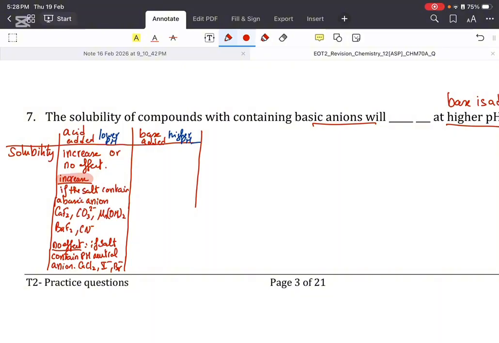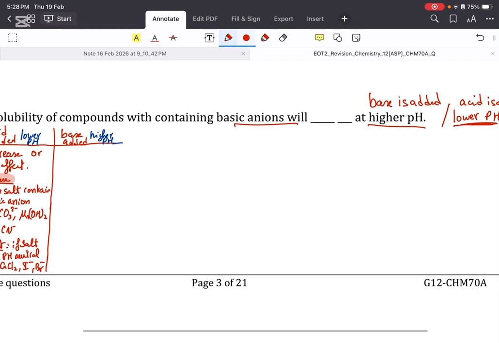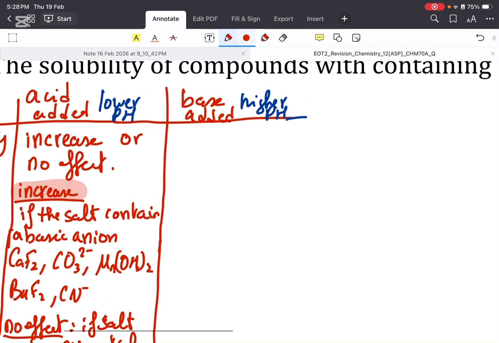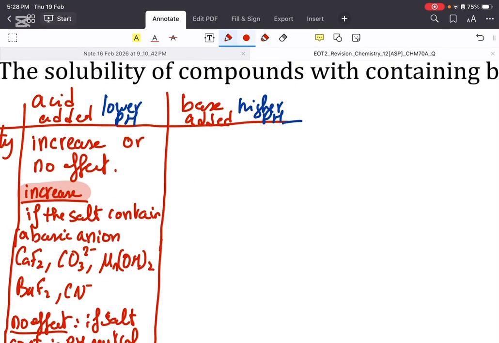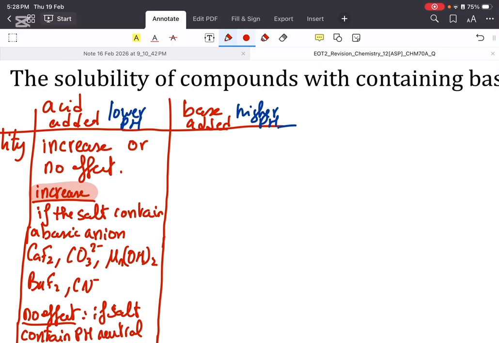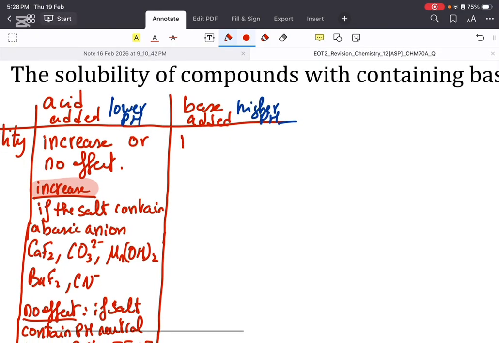The solubility is not affected. Now, what's gonna happen at higher pH if I added a base? Your answer here is gonna vary. You're either gonna say increase, and in some cases it's gonna decrease.